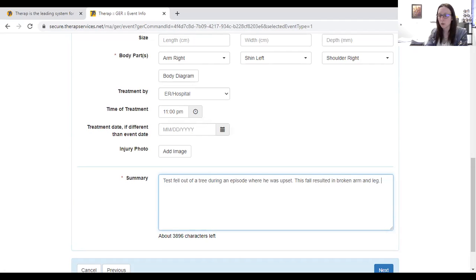And then we can just put something like, the abrasions that appeared on his shoulder was about the size of, we'll say not a tennis ball. Let's say a golf ball.